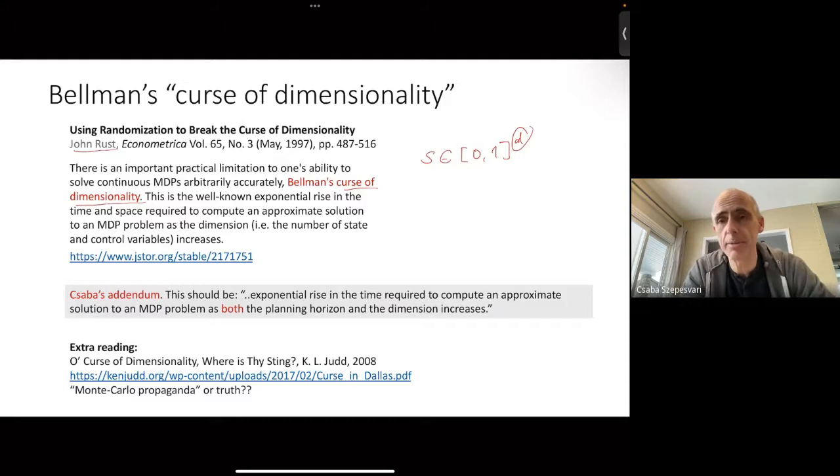It doesn't care about any of those things. It's only dependent on the effective horizon, 1/(1-γ), the number of actions, and the required precision.